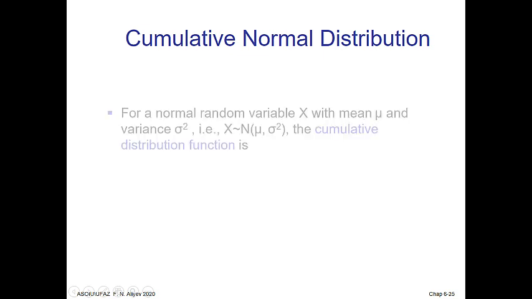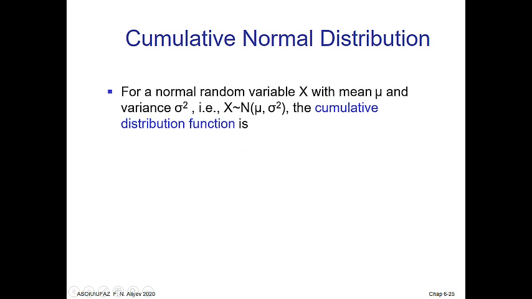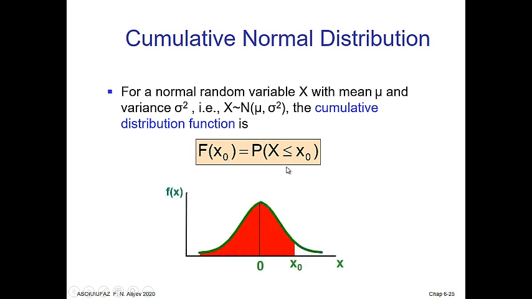Cumulative normal distribution. As we told before, for calculating probability for continuous random variables, we have to use the cumulative function. So it's also important for the normal distribution. The cumulative function, as always, we denote by capital F of x0, which represents the probability of the variable x being less than or equal to x0, where x0 is a given number.